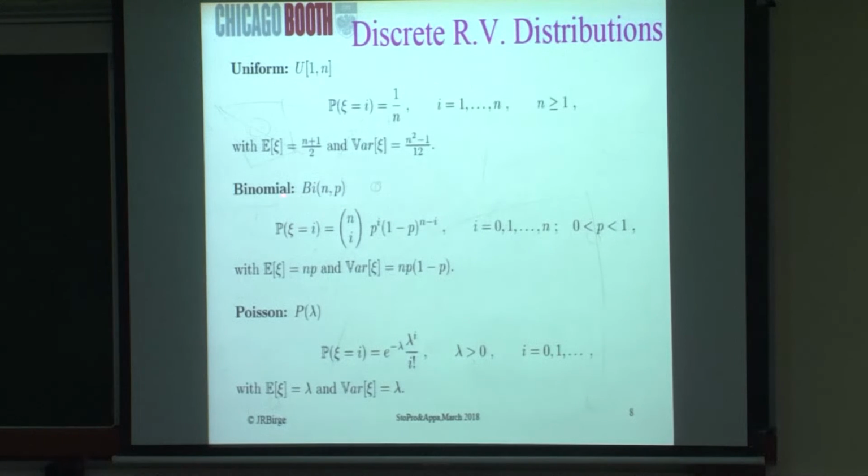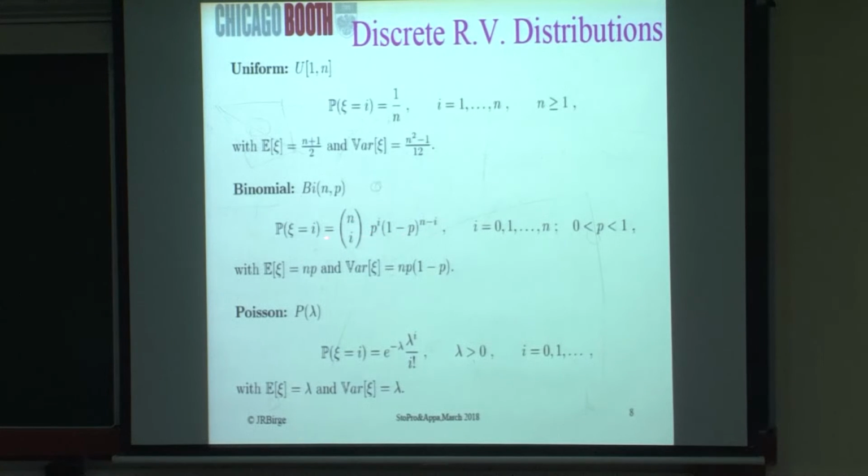And then what we say is, what's the probability that a random variable that has this distribution takes on I? That means that there were I successes out of n trials. So it would be like n coin flips. What's the chance that I of them were heads?